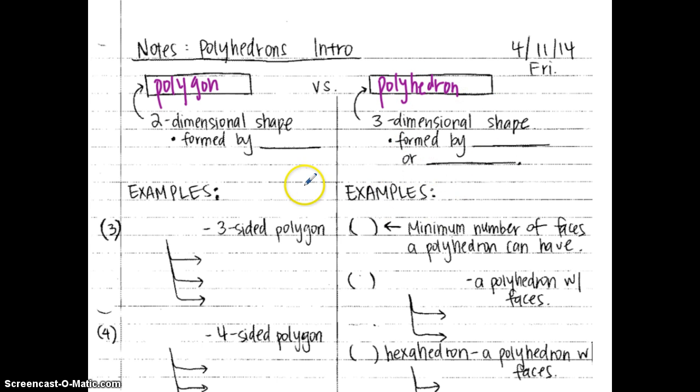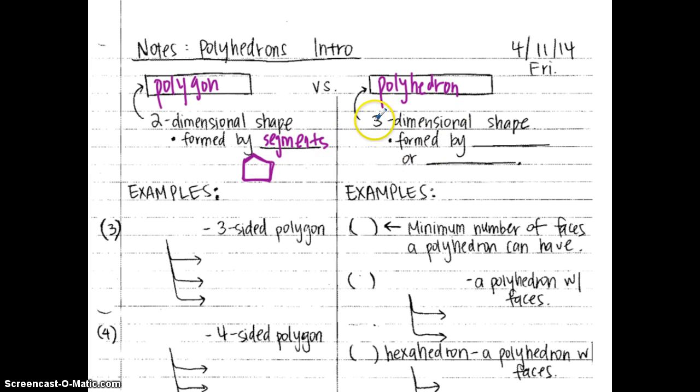A two-dimensional shape has always been formed by line segments that are always enclosed. So no matter what the shape looks like, from vertex to vertex, it should be formed by these straight lines. So let's call them segments.